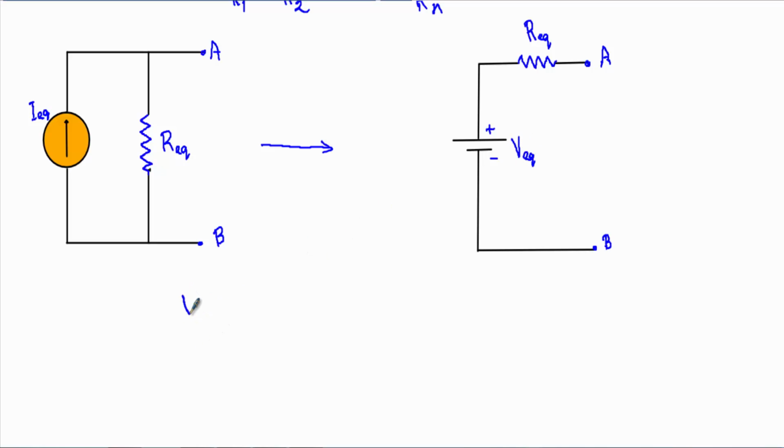So if I perform source transformation, you'll see V equivalent will be equal to I equivalent into R equivalent, and this V equivalent will be in series with R equivalent. I have just performed a source transformation.